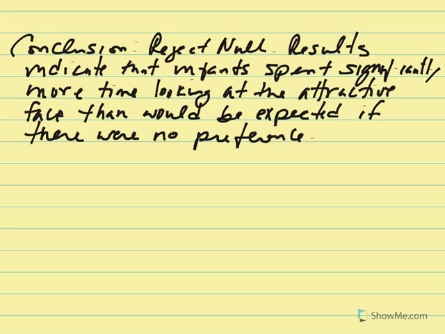Or you could state that they spent more time looking at the attractive face than would be expected if the null were true. And then we would include the proper notation. Our t with the degrees of freedom in parentheses is equal to 8. Our t statistic was equal to 3.00. The probability was less than our alpha, 0.01.